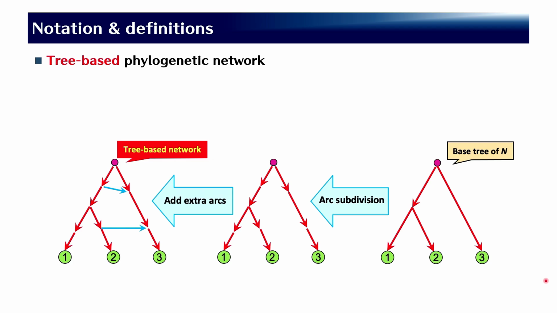Then if we subdivide arcs of the base tree, new vertices appear, like this. They are new vertices. Then we place extra arcs between them and perform the vertex smoothing operation where possible. The resulting phylogenetic network is called a tree-based network. So they can be intuitively understood as a phylogenetic tree plus additional noise.